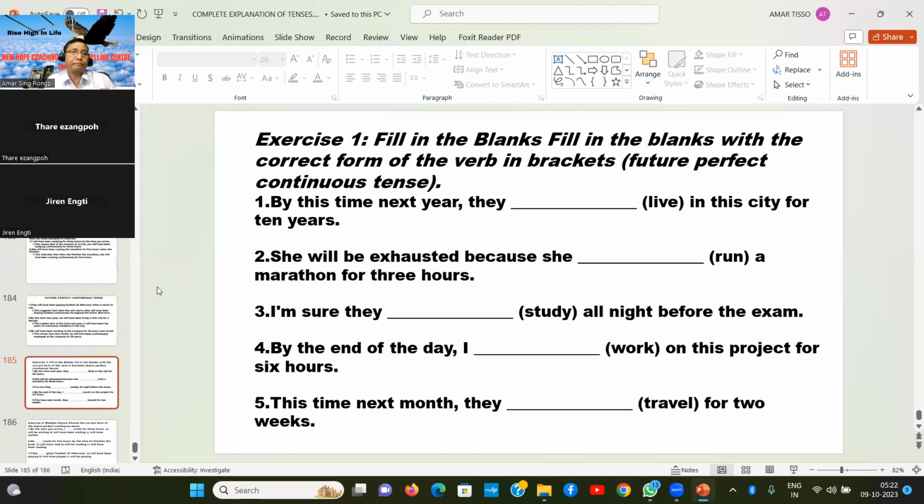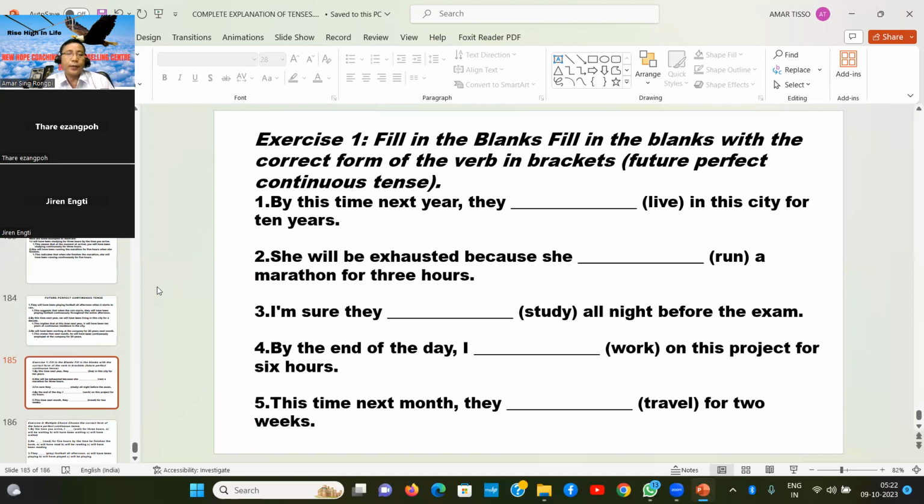Number 2. She will be exhausted because she will have been running a marathon for 3 hours. Yes.